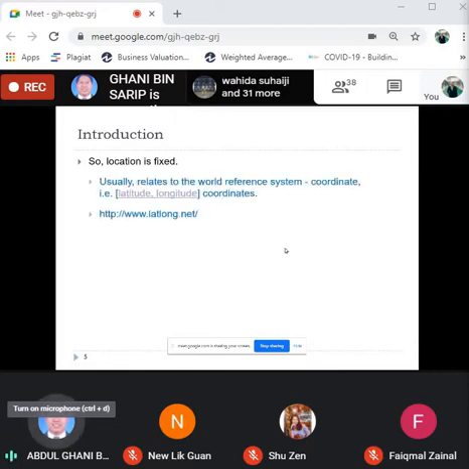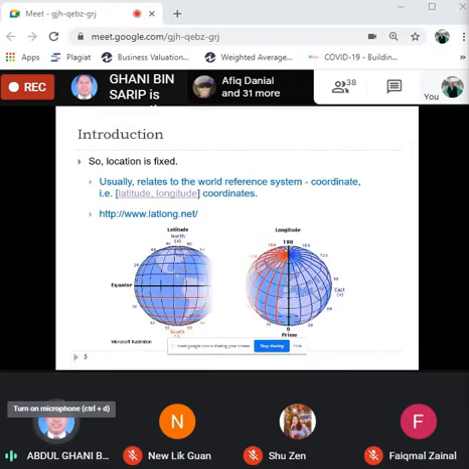So basically, location is fixed, and usually relates to the world reference system of coordinates by way of latitude and longitude. You might want to bring back your memory of the geography subject that you have learned previously; that would be very helpful in understanding this. Latitude and longitude determine the correct position of a specific location on Earth.